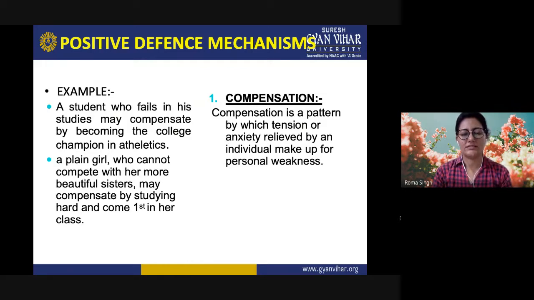And this she can do by doing her studies in a much more effective manner, paying attention to her studies, and thus securing first position in the class. So this is how the compensation defense mechanism works.